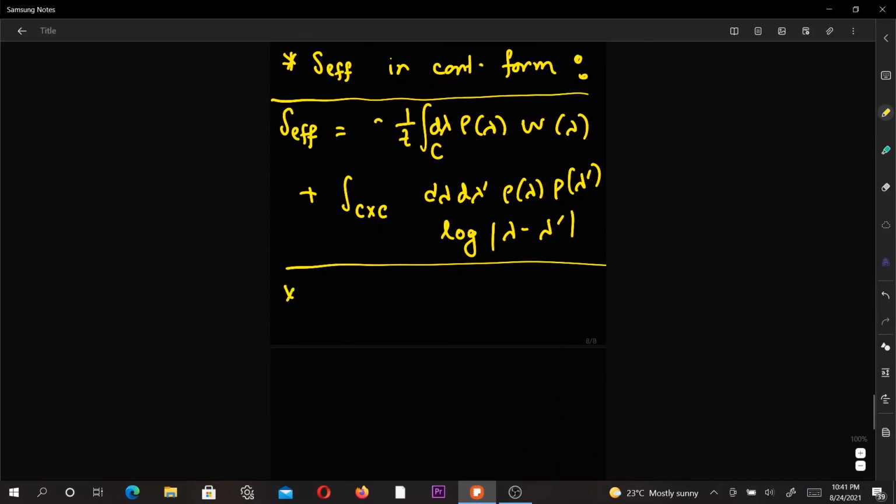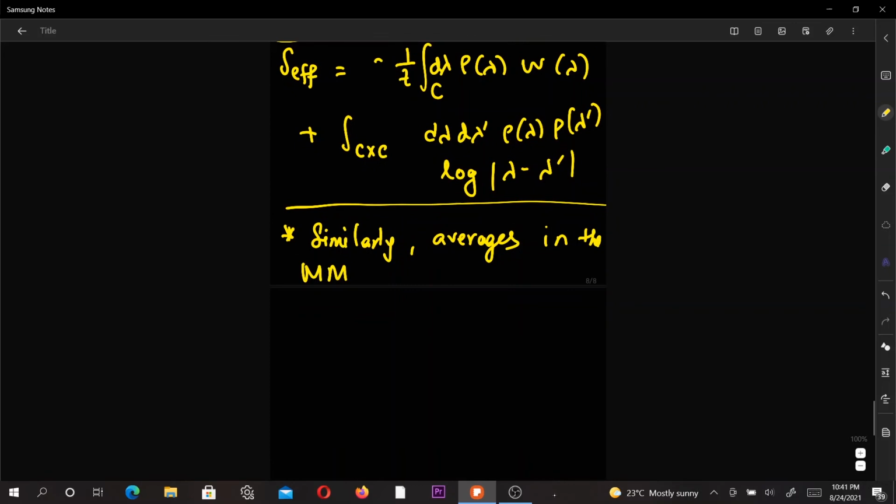Also, similarly, we can compute averages or correlation functions in the matrix model. It can be computed as the trace of M to the l, which is the integral over the interval of d lambda, lambda to the l, rho of lambda.